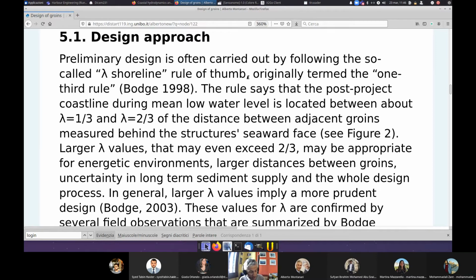For instance, if you want to minimize the impact, use permeable groins with the possibility to reduce permeability. This is possible because if you use woody groins, then it's possible to reduce the area of the windows. It's a level of flexibility that you can keep.